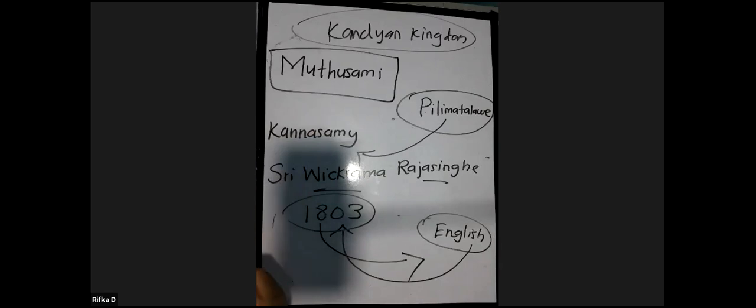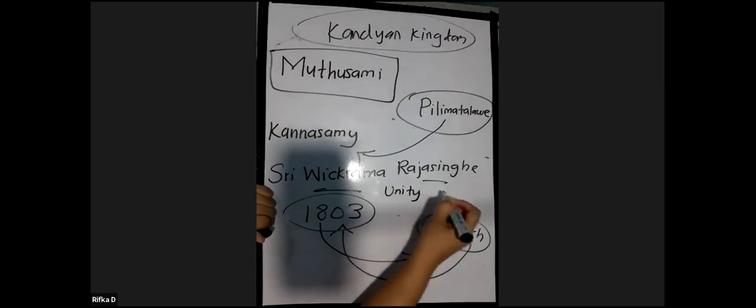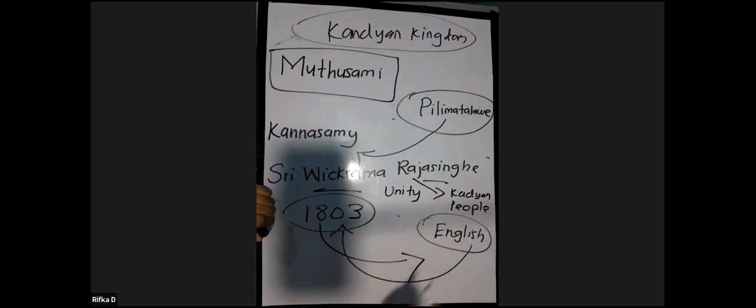Sri Vikrama Rajasingha was so united with whom? The unity between King Rajasingha and the Kandyan people was the main reason why they were able to chase the English out of the island even though they invaded in 1803. They loved the king.